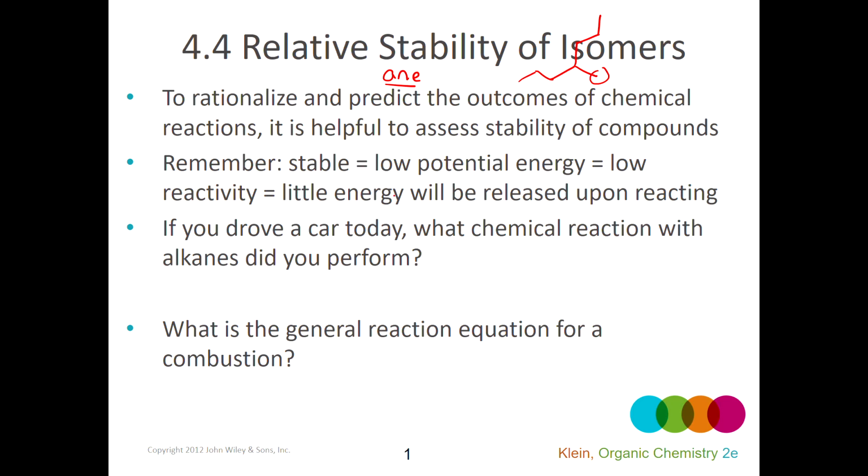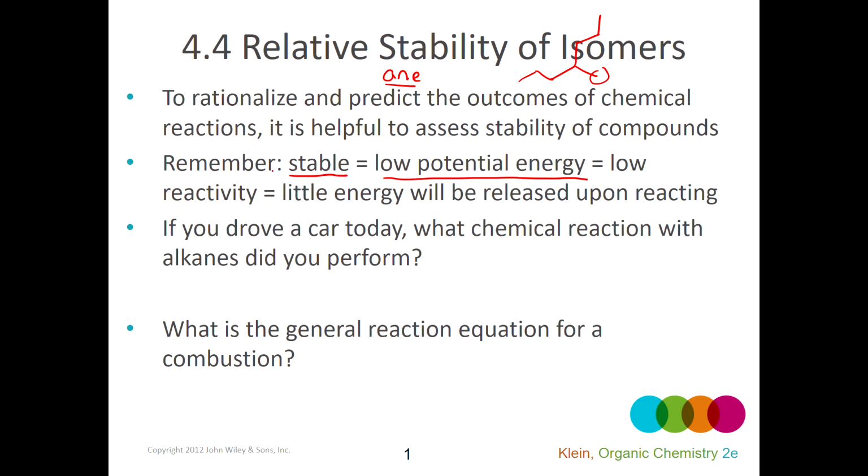If we want to assess the stability of a compound, there are experimental ways to do that. We can also look at the structures and try to judge stability. Obviously, any conclusions we make by looking at the structures would have to be confirmed experimentally before we can feel confident in them. But we also want to remember from general chemistry that if something is stable, it's low in potential energy.